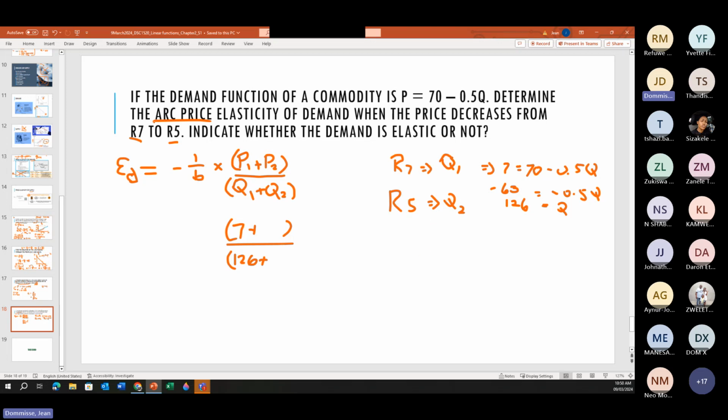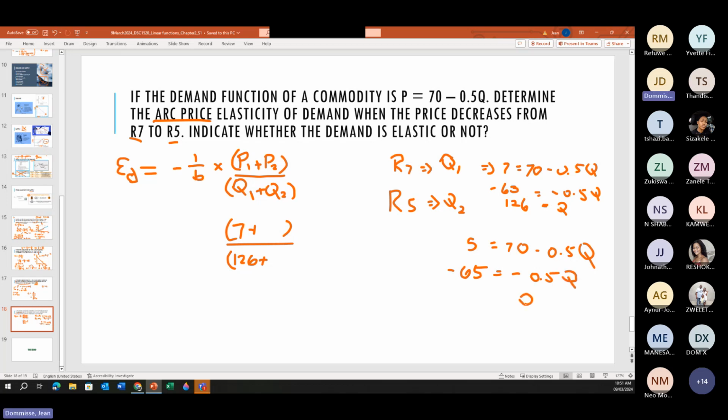For the R5, we do exactly the same. So 5 is equal to 70 minus 0.5Q. Take the 70 over, so that becomes minus 65 equal to minus 0.5Q.